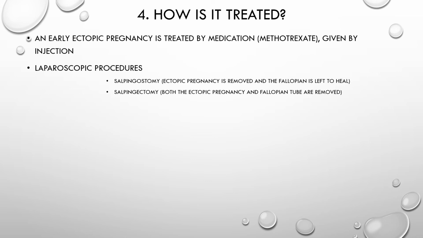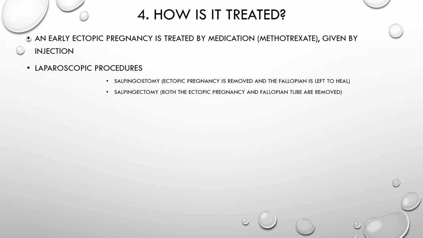The other one is called salpingectomy. Here, they remove both the ectopic pregnancy, the egg developing there, and also the fallopian tube. Remember that you have 2 fallopian tubes, so they will remove one, which means you still have another one for the next pregnancy if you still wish to.